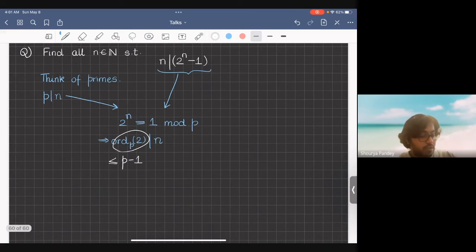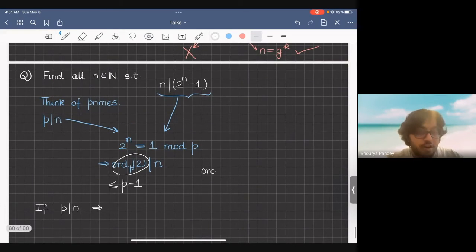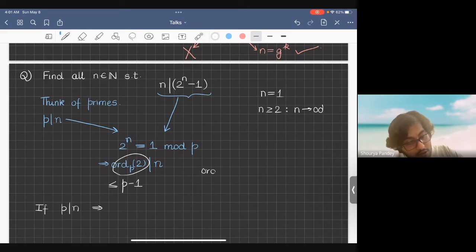So what this means is that if a prime p divides n, then first of all, note that n must be odd, right? n equal to 1 obviously works. Otherwise, if n is at least 2, then n better be odd, because 2 to the n minus 1 is odd, so n must be odd as well.